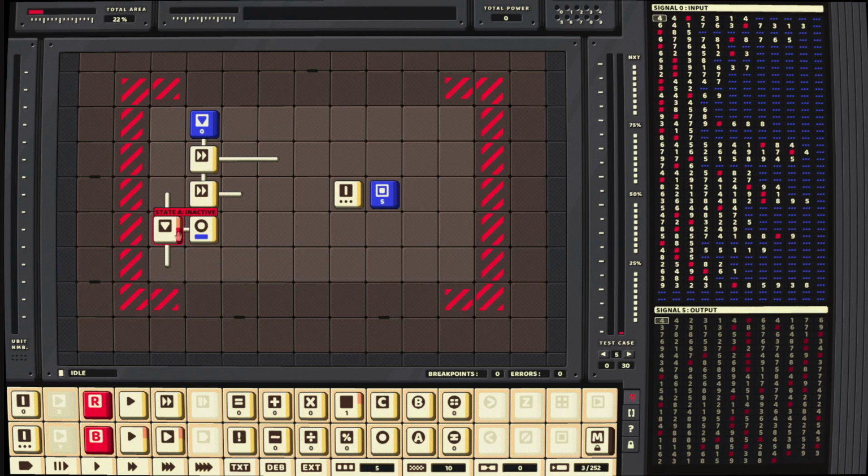So if it detected that it was blue, well, actually, I don't need a conveyor, right? Because I have 3 copies of the input. This one is never going to the output. If it's blue, I send a signal, then throw it away. If it's not blue, I just throw it away.